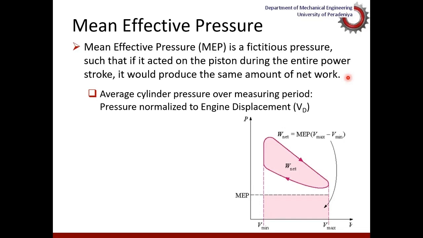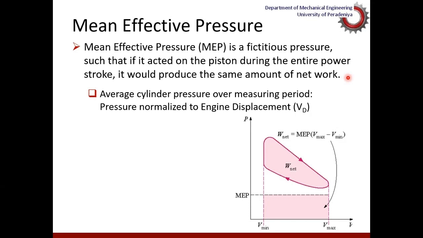So when it comes to comparing engines of different sizes, the direct comparison between the brake power or indicated power is quite misleading. We need a size independent parameter in order to compare the performance of engines of different size. The common parameter that we use to compare the performance of different engines is the mean effective pressure.